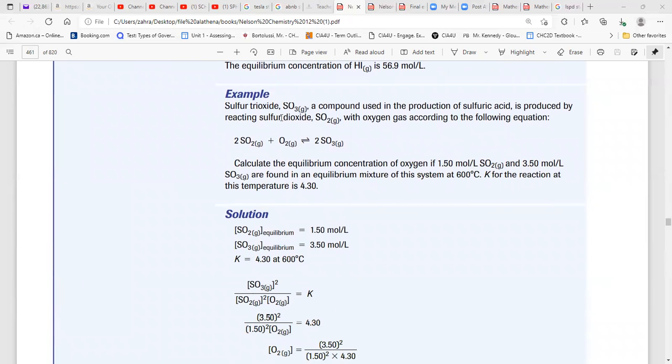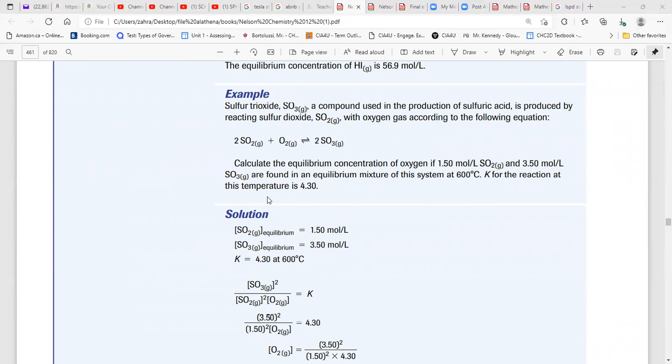Here's another one. Sulfur trioxide, a compound used in the production of sulfuric acid, is produced by reacting sulfur dioxide, SO2, with oxygen gas according to the following equation: 2SO2 reacts with oxygen to give you 2SO3. Calculate the equilibrium concentration of oxygen if 1.5 mole per liter of SO2 and 3.5 mole per liter of SO3 are found in an equilibrium mixture of this system at 600 degrees.